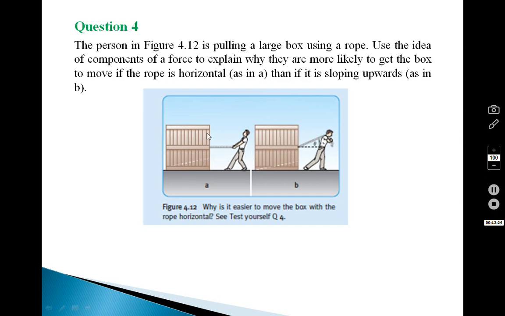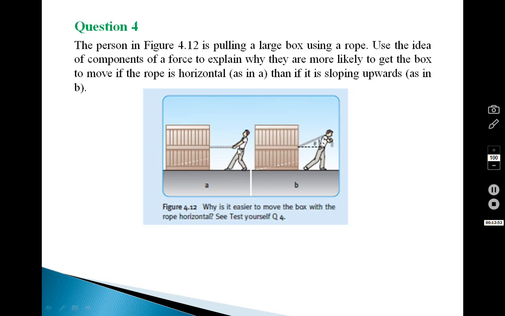The first, figure A, is pulling the box using a rope. Use the idea of components of force to explain why they are more likely to get the box to move if the rope is horizontal, like in figure A, than if it is sloping upwards.